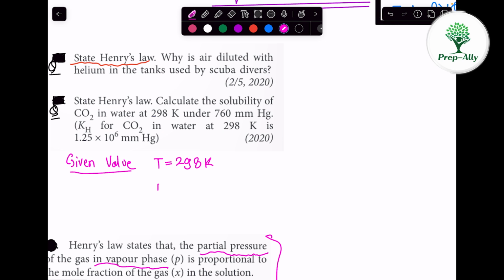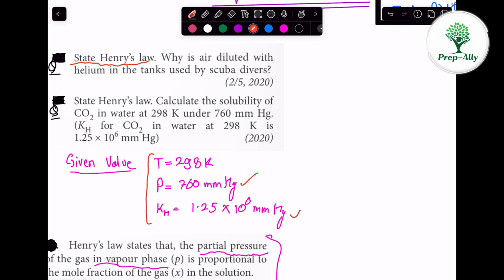Second is partial pressure, that is 760 millimeter of Hg. Then the KH value they also gave. KH is equal to 1.25 into 10 to the power 6 millimeter of Hg. Now we can see the unit of pressure and the unit of KH are the same, meaning we don't need to convert. If they are different, then we need to interconvert and bring them into a single unit.